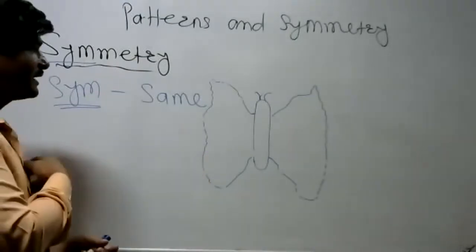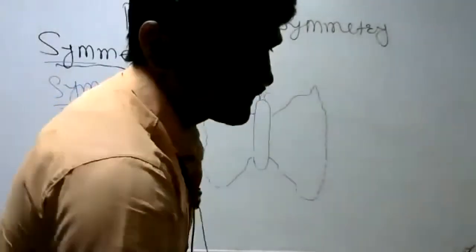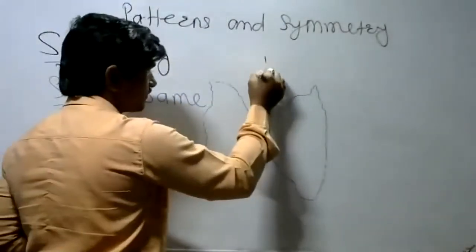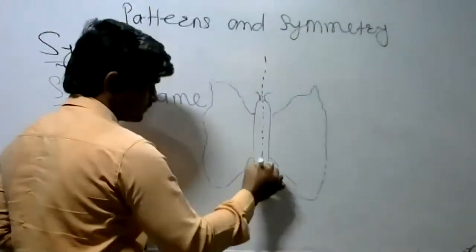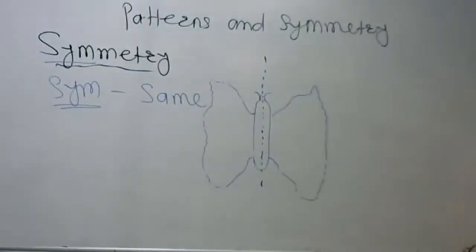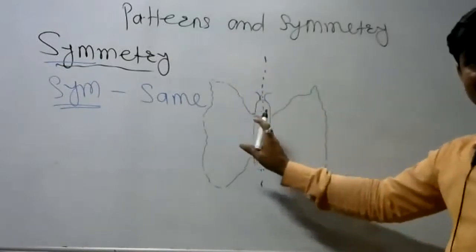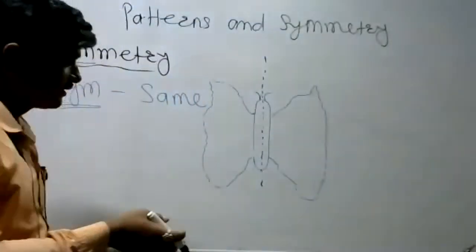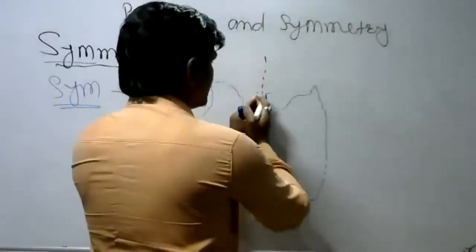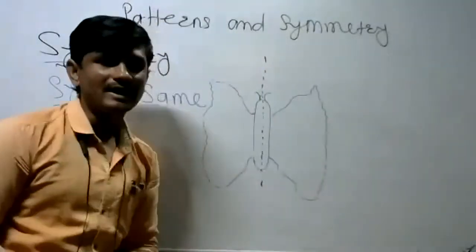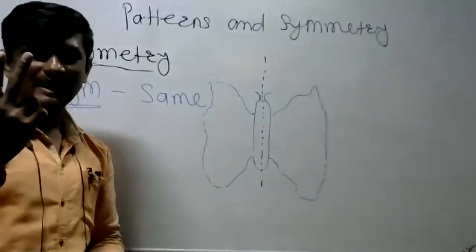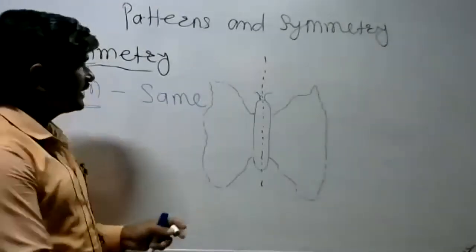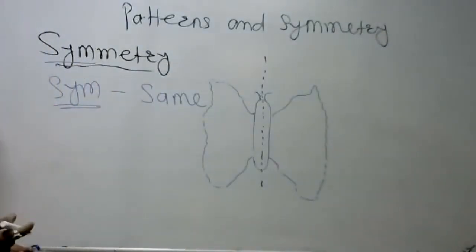Two parts. That is called symmetry. See, like this, symmetry line. If you draw the middle line, that time this butterfly is divided into how many parts? Two parts. Correct. That's why it is called symmetry of this object.